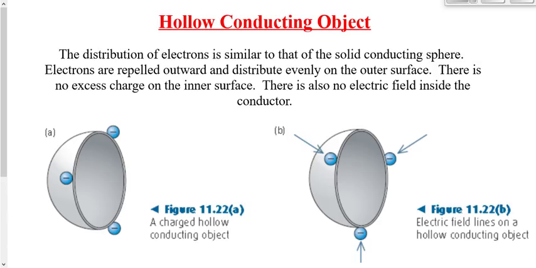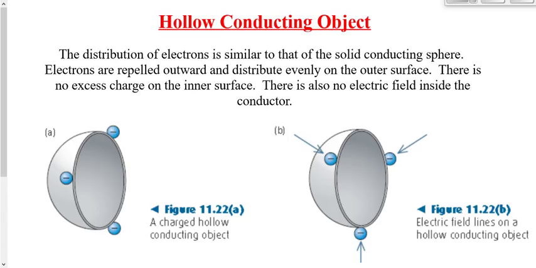Here's another one. Here's a hollow conducting object. This is real similar to that solid conducting sphere. It's a sphere, although it doesn't have to be a perfect sphere. The distribution of electrons ends up being the same, of course. They're going to get pushed away from each other. They're going to go, once again, to the outer surface, and they're going to be evenly distributed.